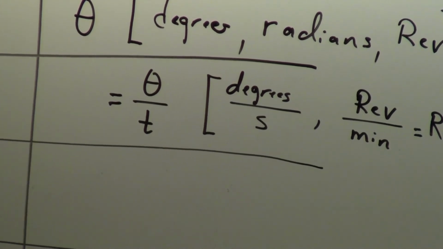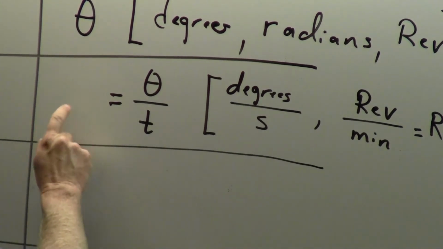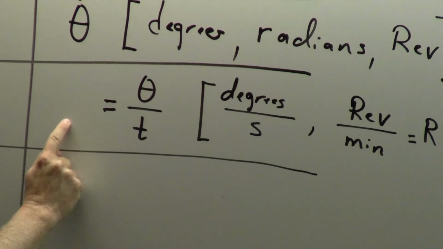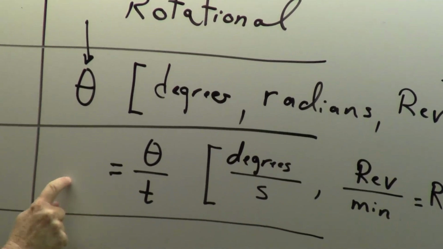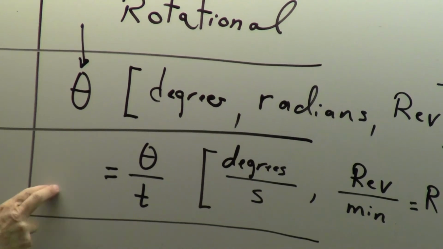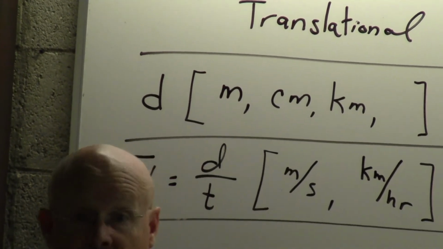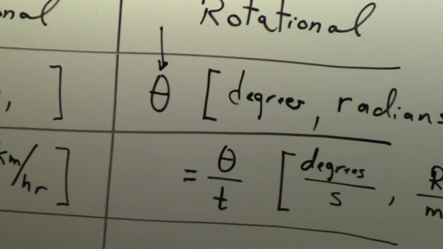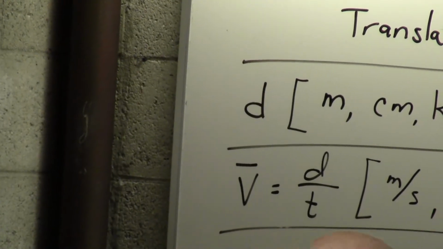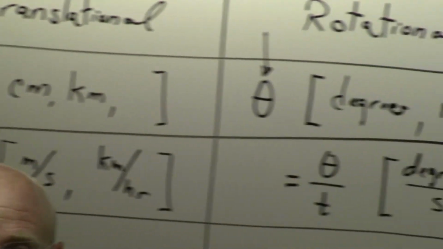But before we take our break, I want to just point out, what symbol shall we use for rotational speed? I certainly don't want to use a V, because if I use a V, that is going to confuse people. They're going to think, well, wait, speed, are you talking about translational speed, or are you talking about a rotational speed?